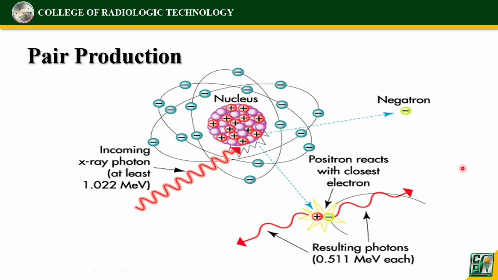Okay? So, pair production, ganito yung itsura niya. Okay? So, ito yung ating incident photon. Okay? Nag-approach sa nuclear field. Nag-disappear si photon. Nagkaroon ng production ng isang negatron, isang positron.